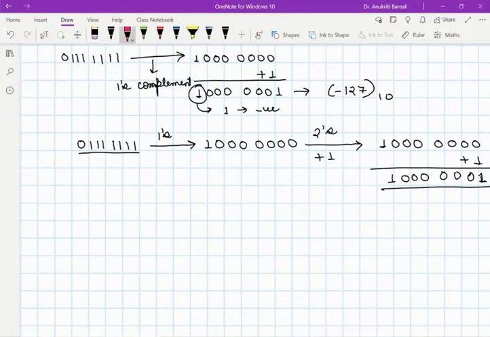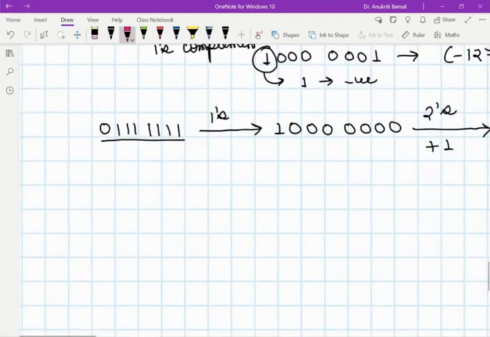Now, how to find the range of numbers which can be represented using n bits? When we were considering only positive integers, we said that the range will be 0 to 2 raised to power n minus 1. Okay. Now we have negative numbers as well.